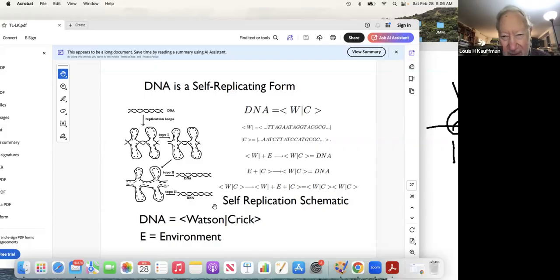But the general schema is that you have Watson and Crick bound together. They come apart. The environment provides a Crick and a Watson.